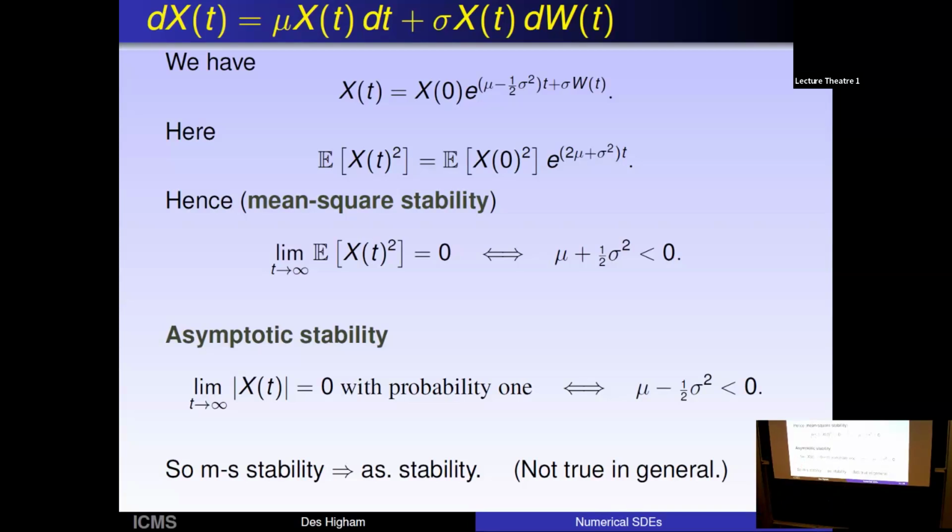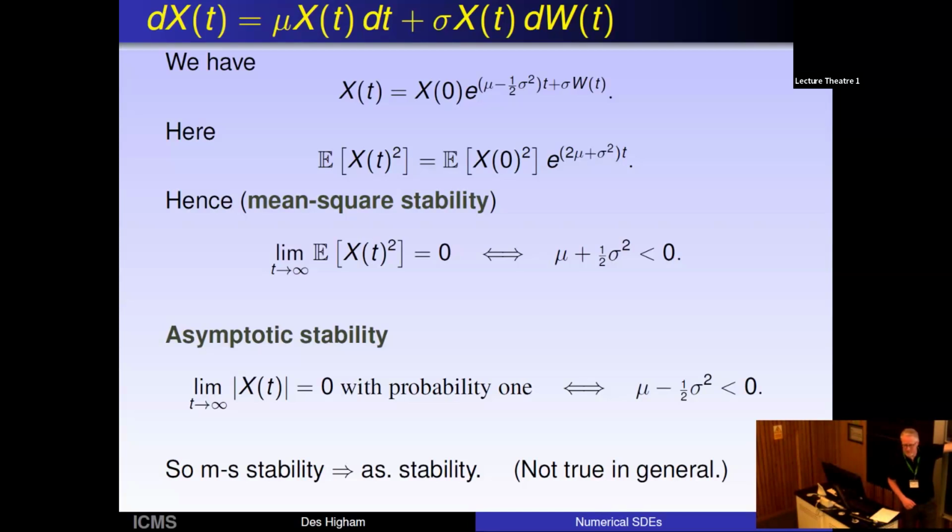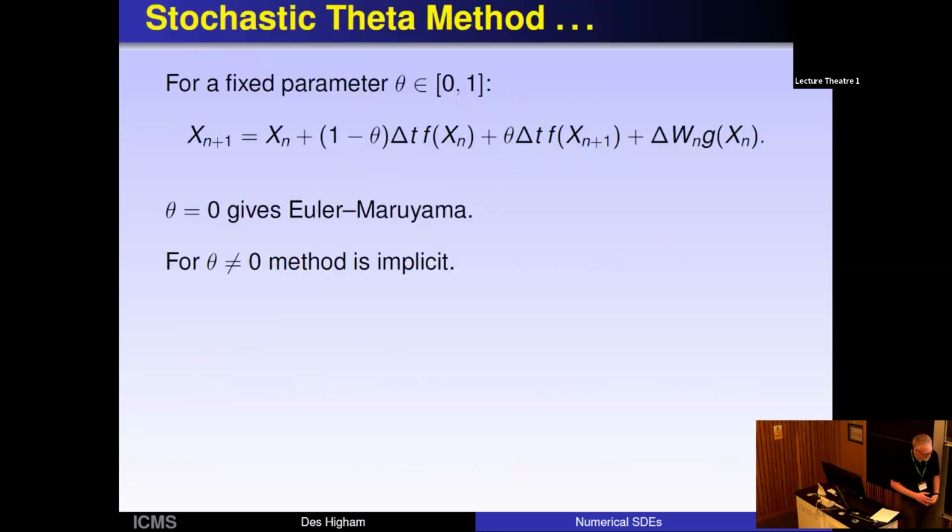So we're going to ask, how can we reproduce this behavior with Euler-Maruyama? In particular, what step size restrictions we'll look at. In fact, we're going to do something a bit more general. We're going to allow implicitness, but only in the deterministic part of the method. Given a parameter value theta, here's the definition of the stochastic theta method.